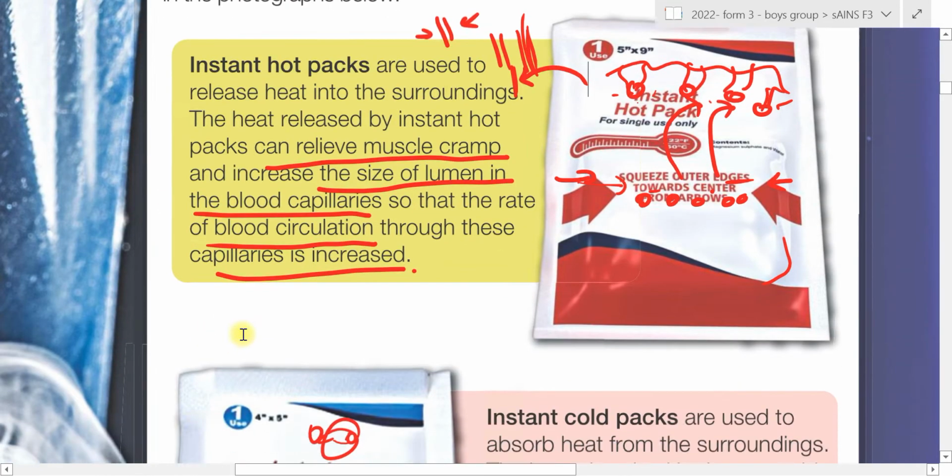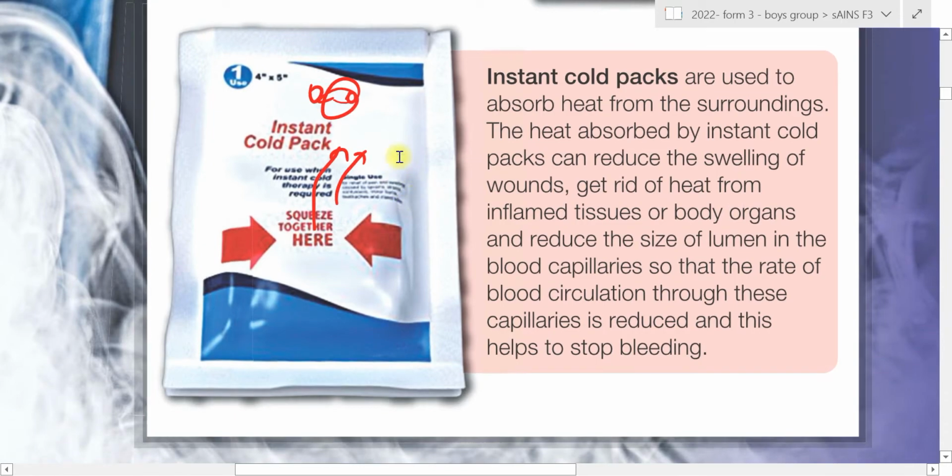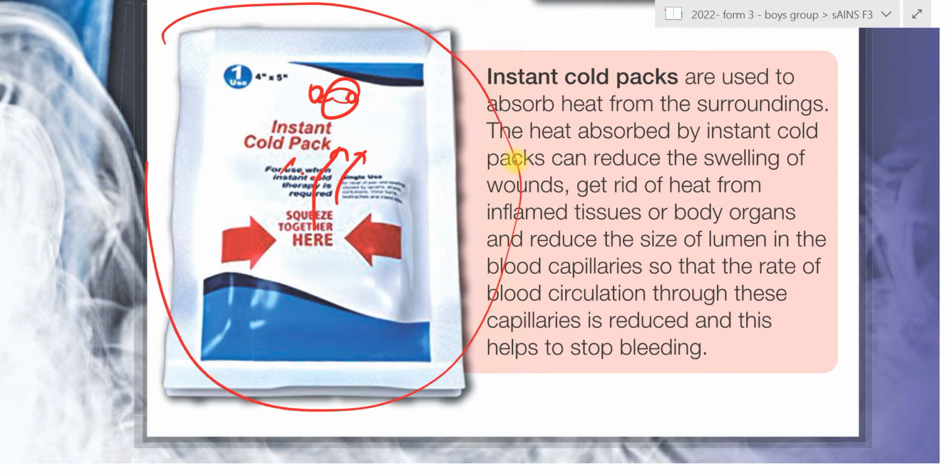On the other hand, your instant cold pack is used to absorb heat, whereas the hot pack releases heat. When it absorbs heat, this one won't become hot, it will provide the cold sensation. Imagine the heat around the cold pack is absorbed inside the cold pack.